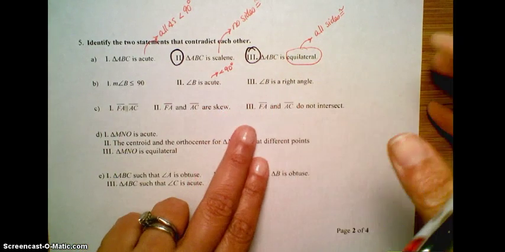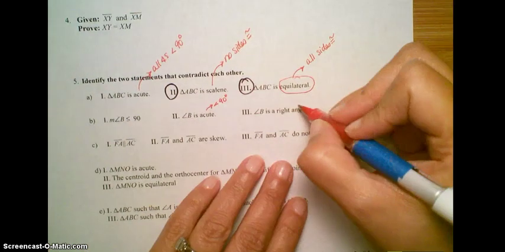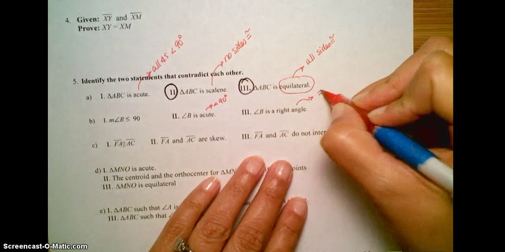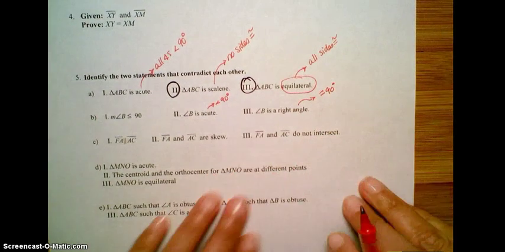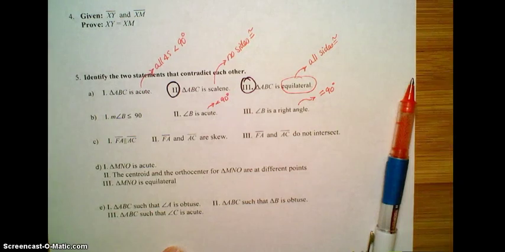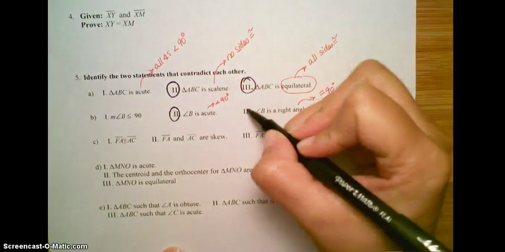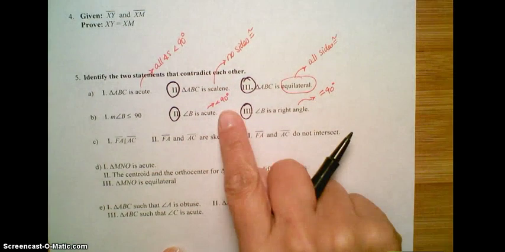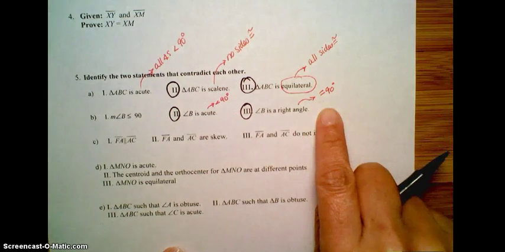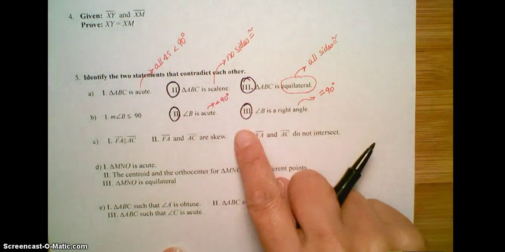Third one, angle B is a right angle, and a right angle means, of course, equal to 90 degrees. So, which two of those statements are contradicting each other? That's right, 2 and 3. You can't be less than 90 and also equal to 90 at the same time. So those are the contradictions.